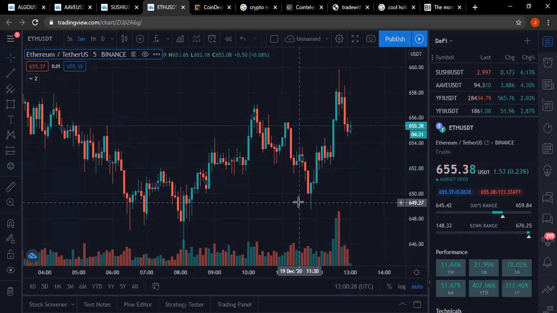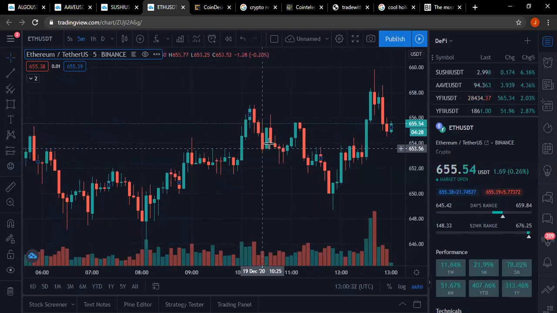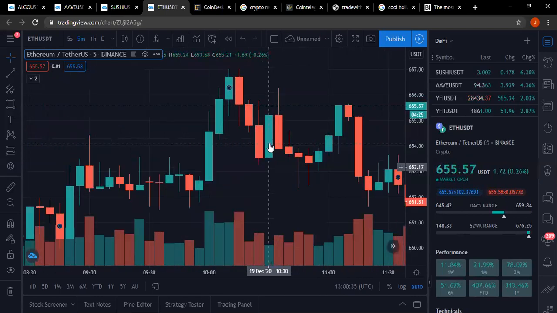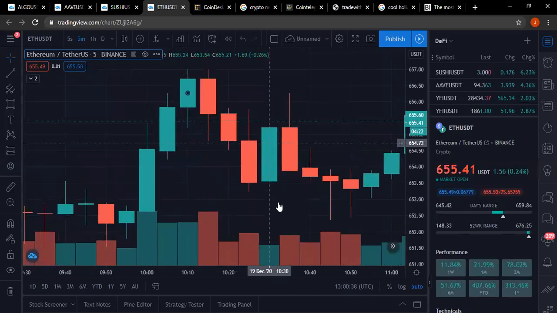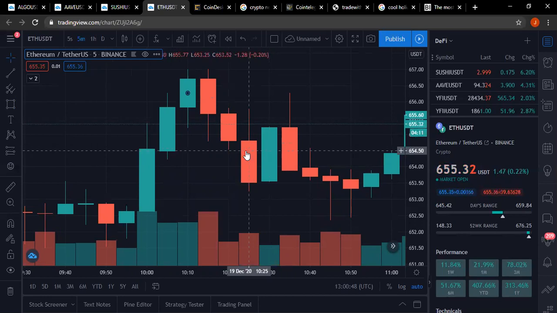So for instance, let's take a candlestick. This candlestick is called a bullish engulfing, as it overshadows the previous bearish candlestick.